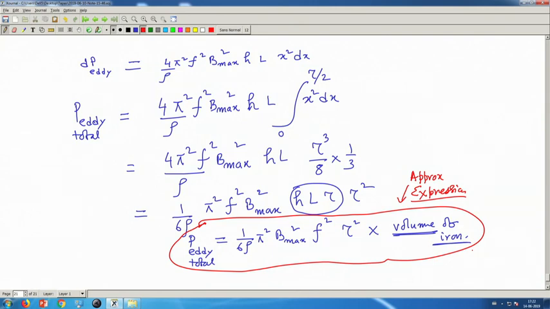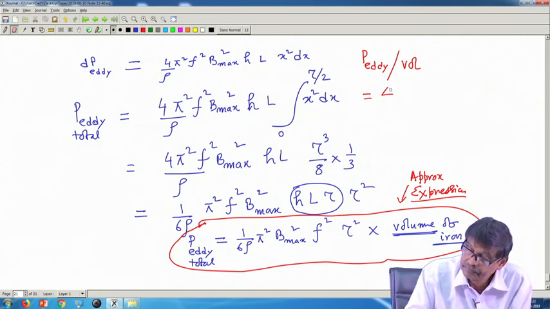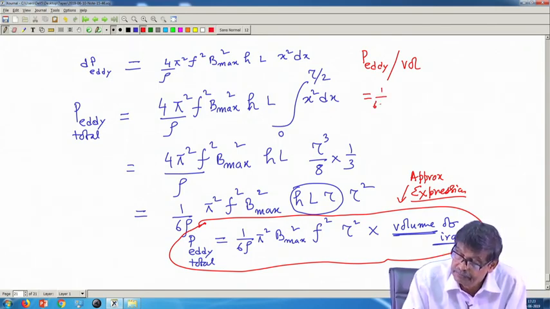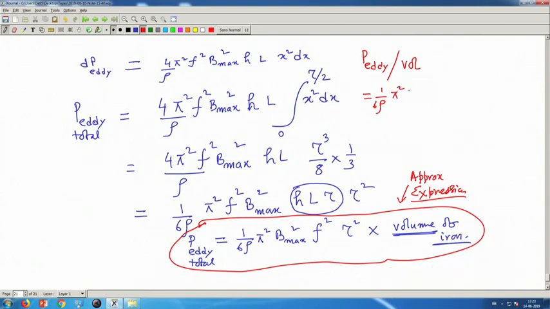That is also crucial to note. So, better write P eddy, power loss per unit volume, is equal to 1 by 6 rho pi square B max square f square tau square, in watt per unit volume.